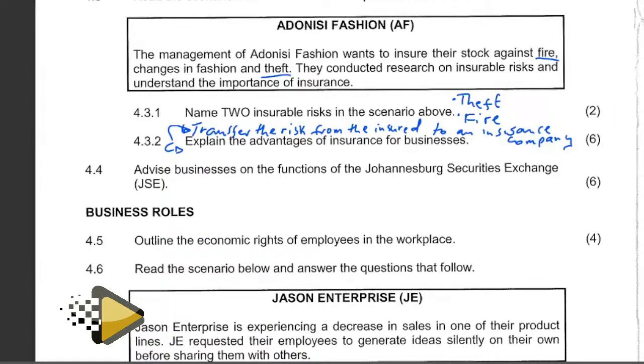And also it protects businesses against dishonest employees.